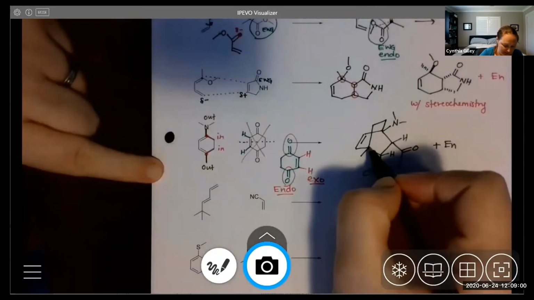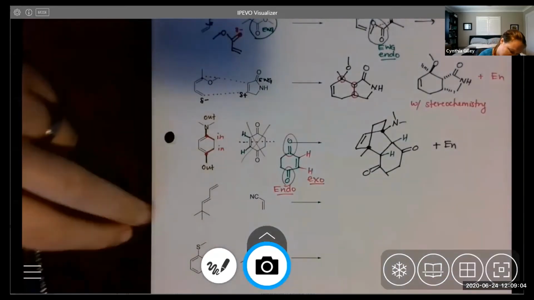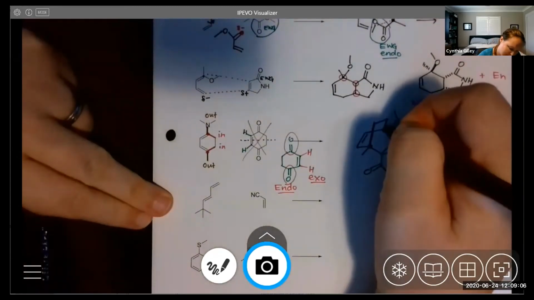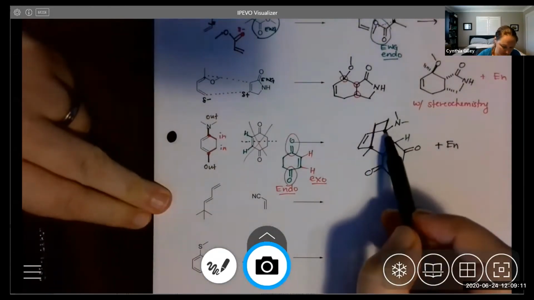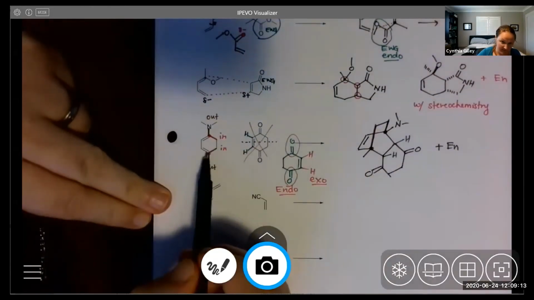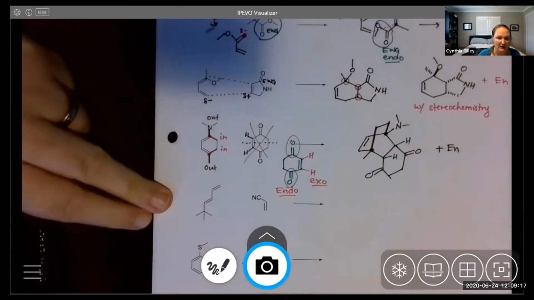So remember we said the in groups end up, right? If you look at these bridgehead carbons, what's up? What's up is literally that bridge, pointed straight up. So the groups that were in are ending up. So it's correct to draw it this way.